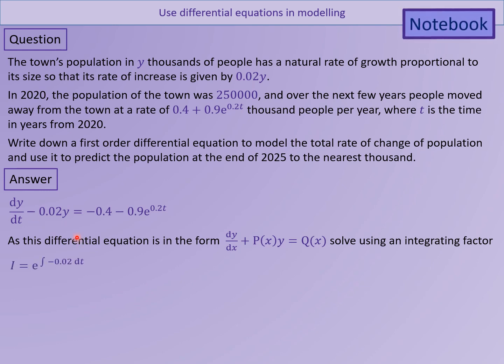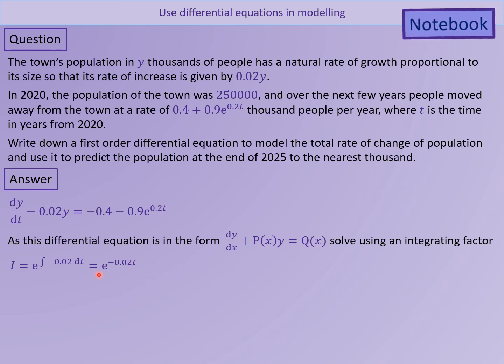Okay, so that's how we work out our integrating factor. Once we've got dy over dt, we've got this part just here, so it's e to the power of the integral of minus 0.02. And once I multiply through by whatever this answer is, that allows me to use the product rule in reverse. So I've got e to the minus 0.02t, and that is my integrating factor right there.